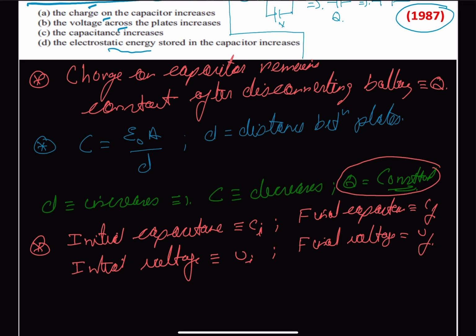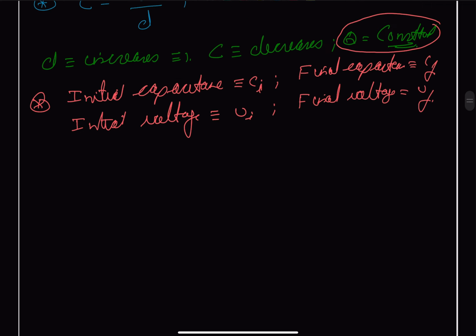Therefore we can write that the product of C initial, V initial should be equal to C final and V final.